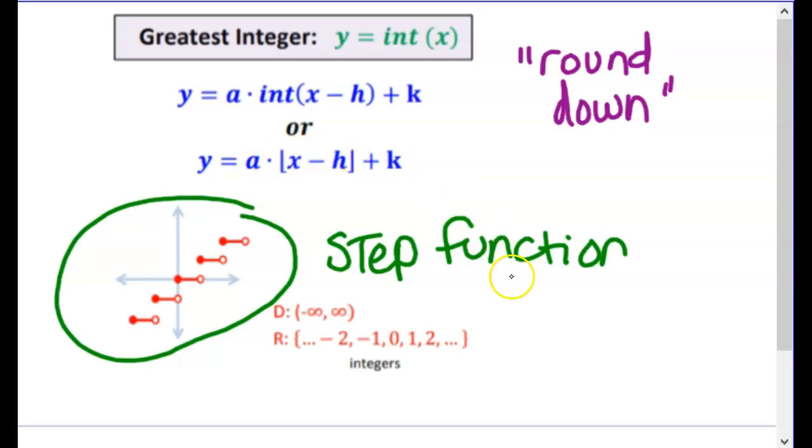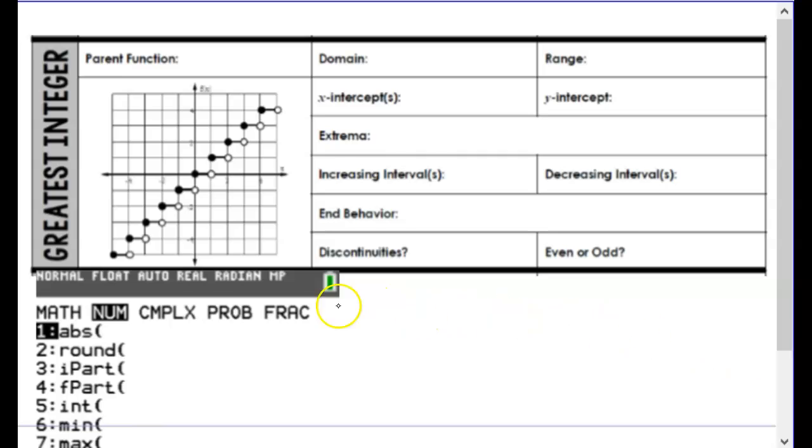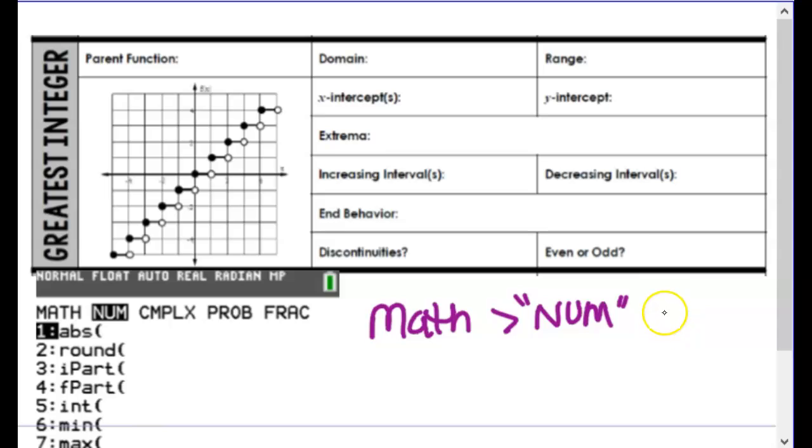Now, this is on our calculator. It is under the math. I don't know if you want to write this somewhere, but math. If you arrow to the right, there is a menu called numbers, and number 5 is the integer function.